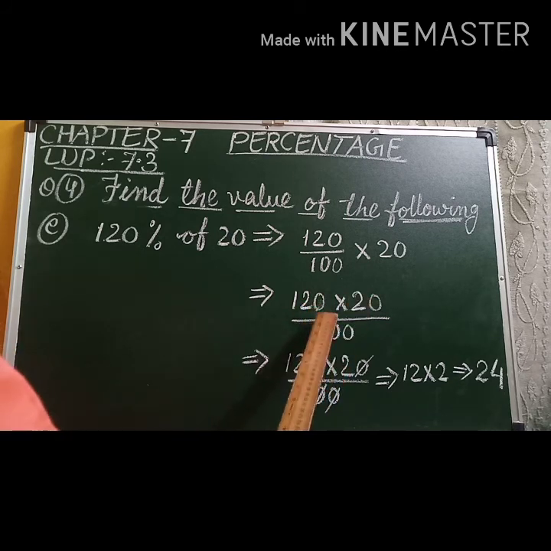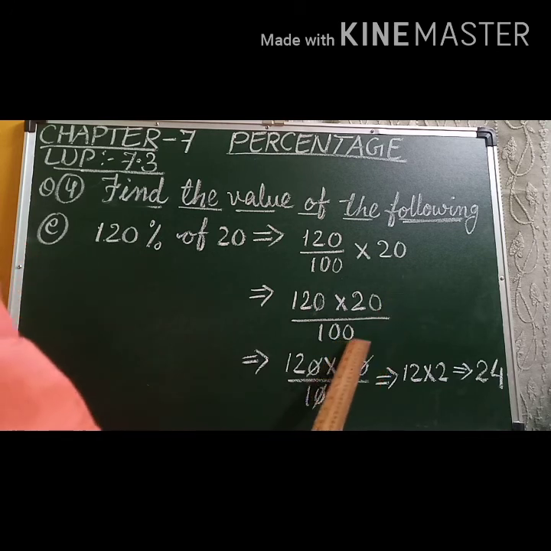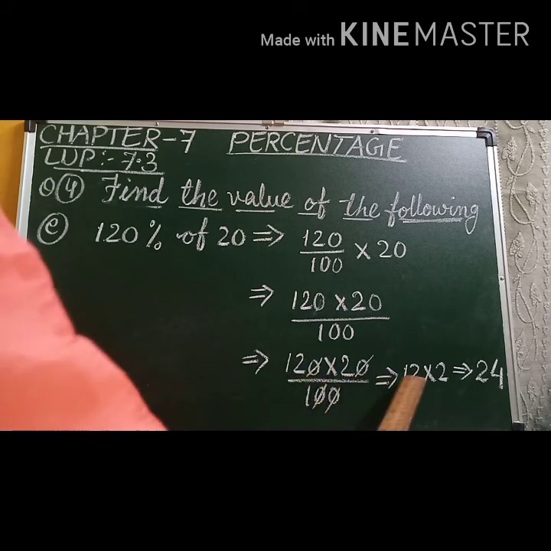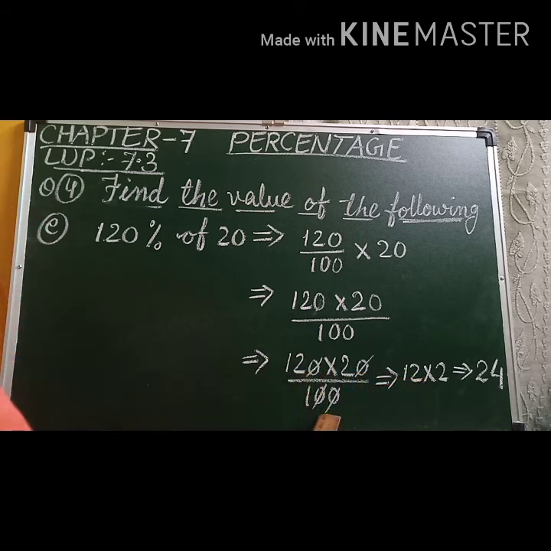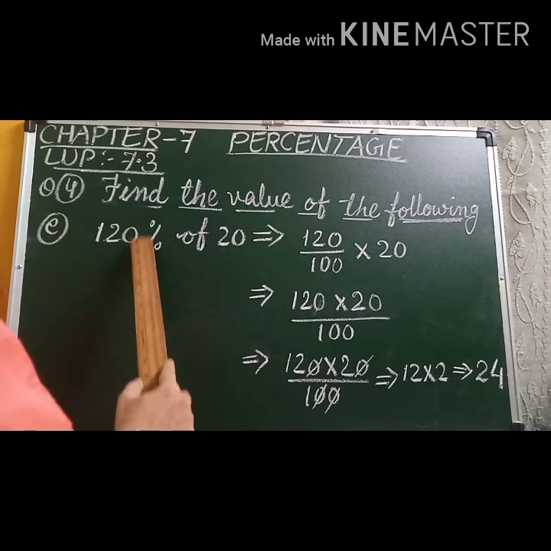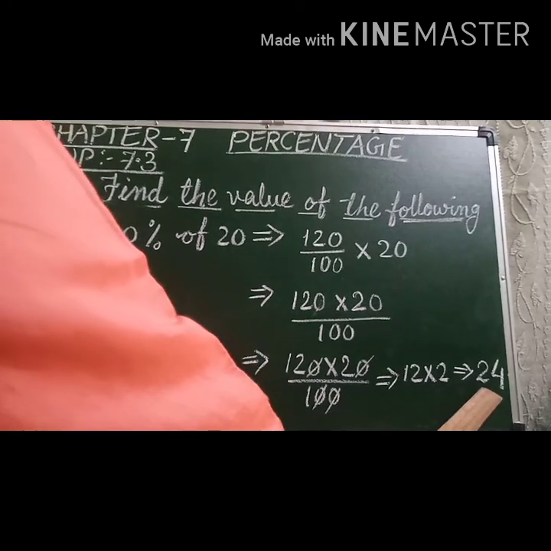Here we can see that in the numerator 2 zeros are there and in the denominator 2 zeros are there. So we can simplify it by cancelling. So 2 zeros can be cancelled from the denominator and what will be left in the numerator? 12 into 2 and in the denominator only 1 is left. So 12 into 2 is 24. So 120% of 20 is 24.